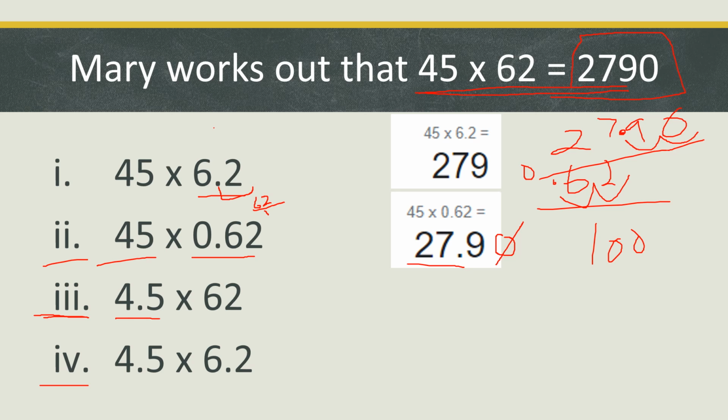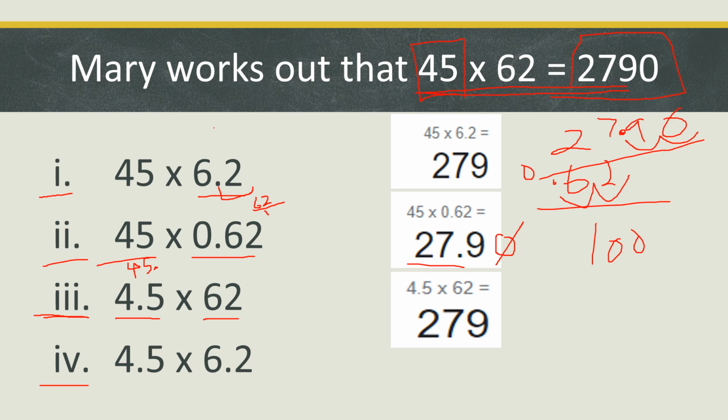4.5 multiplied by 62. It is 279. It's the same answer as number 1, because 45, which was in the question, has been divided by 10.